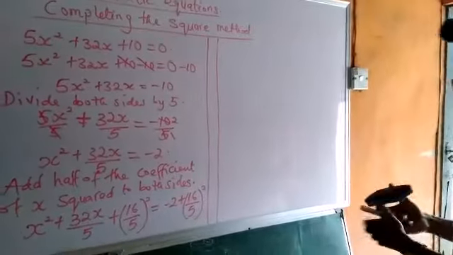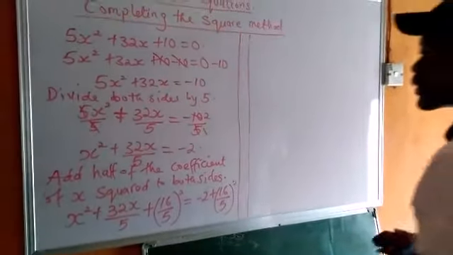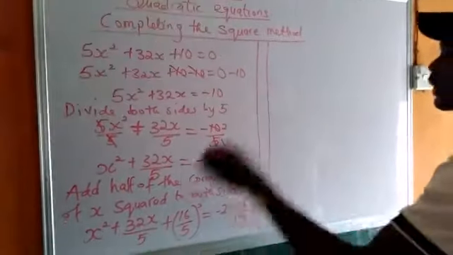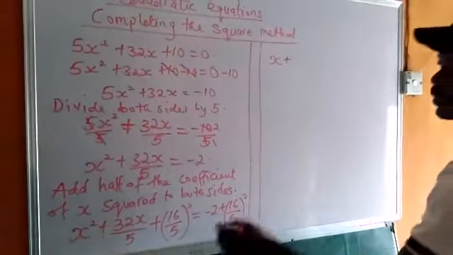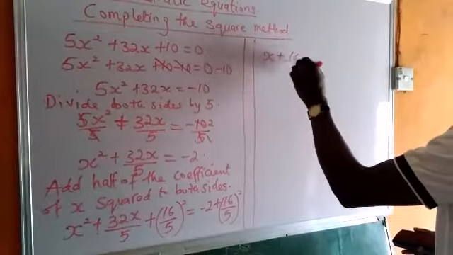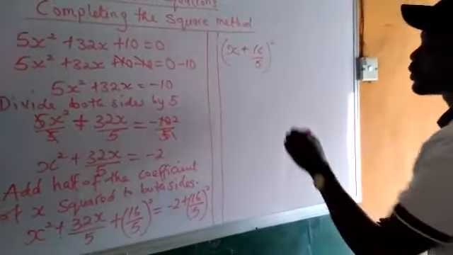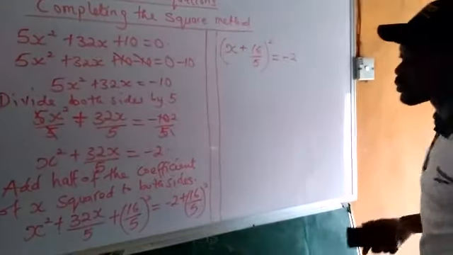From the left hand side, this one is squared, this one is squared. So we bring them together by taking our x, the sign after it, then 16 over 5, then we square both of them. We make it equal to minus 2.